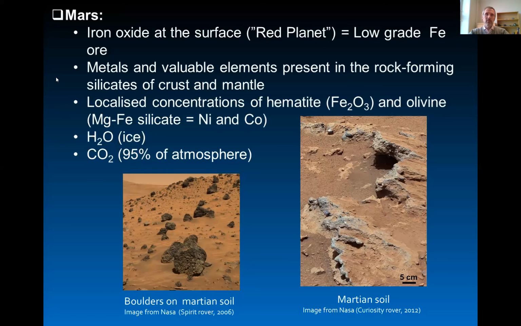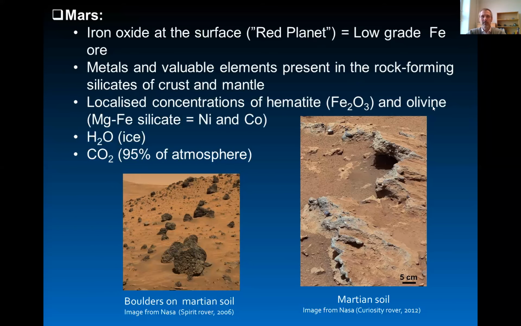We expect also to find metals and valuable elements in the rock-forming silicates of the crust and the mantle. The space probes have identified a localized concentration of hematite, which is an iron ore as well.